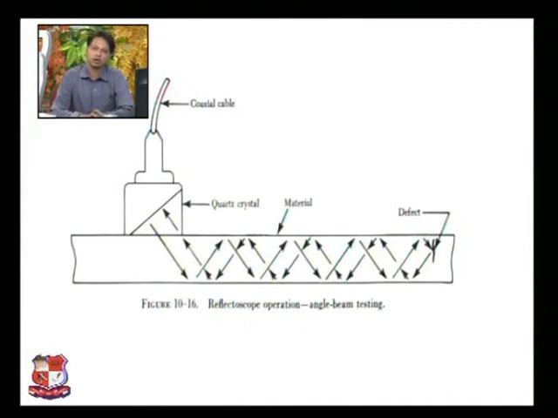The transducer receives the signal, converts it into an electronic signal and shows you the waveform through which you can detect the defect inside by this ultrasonic inspection system, that is the pulse echo system. The thing which we are studying is the pulse echo system.